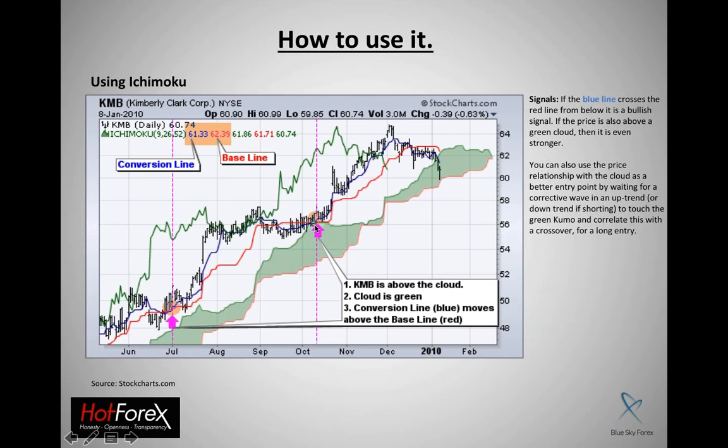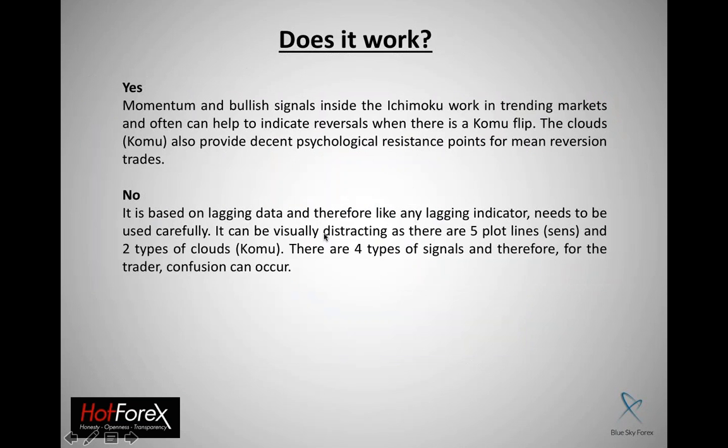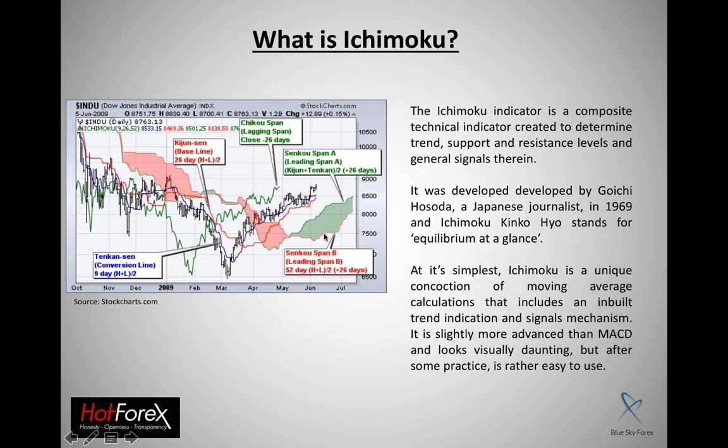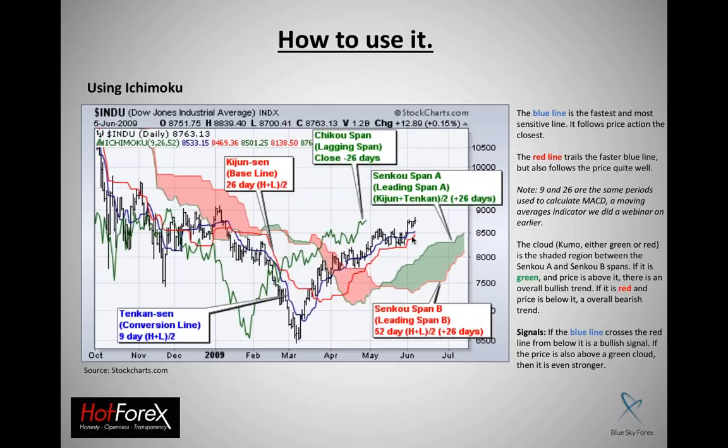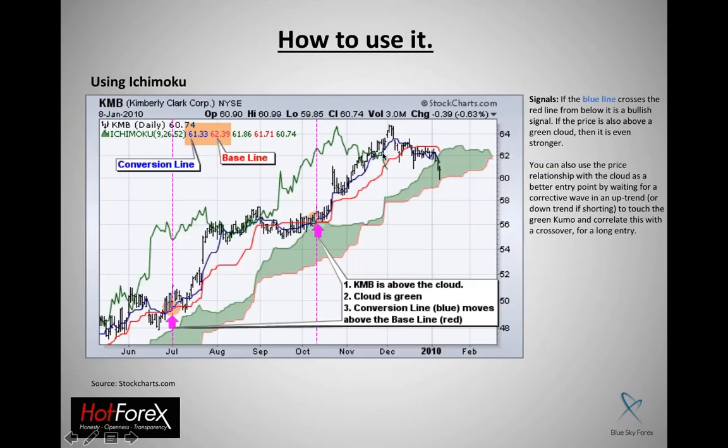This retracement to the Kumo edge, remember this green line at the top of the Kumo is known as the Senkou Span, right? The forward-looking line. And this is a great indicator for a bounce. Normally the price will bounce off these lines, right? It'll actually bounce off these clouds.